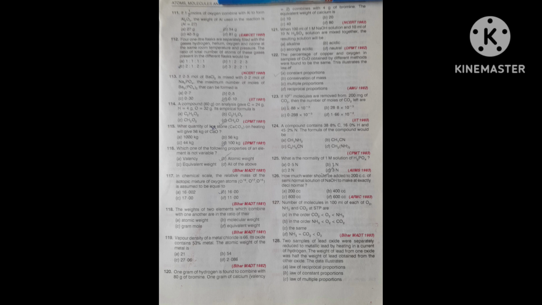Then you will get mole, because 44 is the molecular weight of CO2. So 0.2 divided by 44 mole, after dividing you will get 0.00454 mole. Now mole you are knowing. Then you multiply it by Avogadro number, then you will get the total number of molecules of CO2.